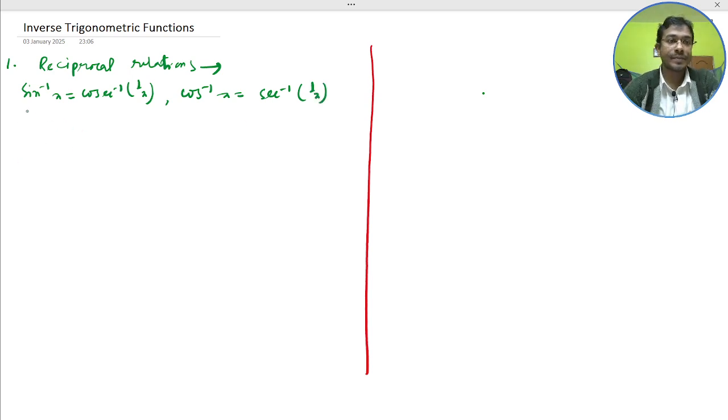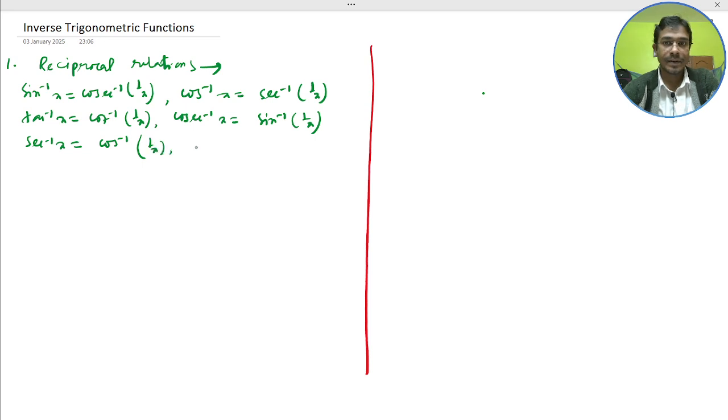Tan inverse x is equal to cot inverse 1 by x. Cosec inverse x is equal to sin inverse 1 by x. Next, sec inverse x is equal to cos inverse 1 by x, and cot inverse x is equal to tan inverse 1 by x.